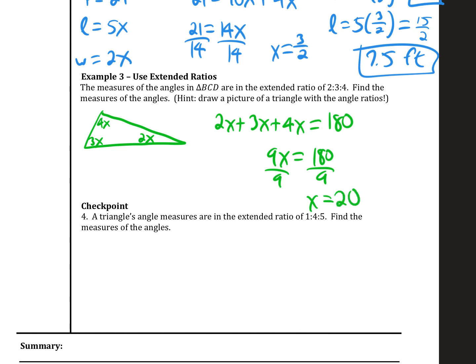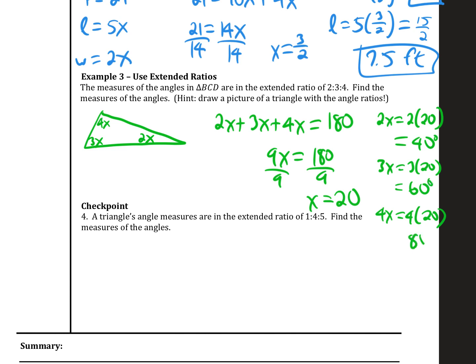Well, not quite. We got to plug in these ratios now. So we had 2x, 2 times 20, which equals 40. We had 3x, which was 3 times 20, which was 60. And we had 4 times x, which is 4 times 20, which was, these are all degrees, which was 80 degrees. So we had 40, 60, and 80 degrees.